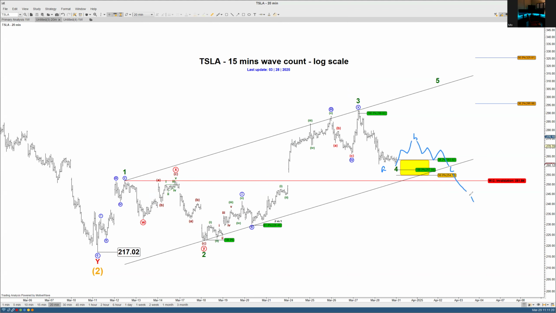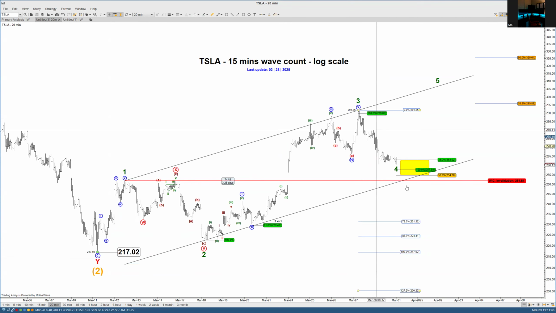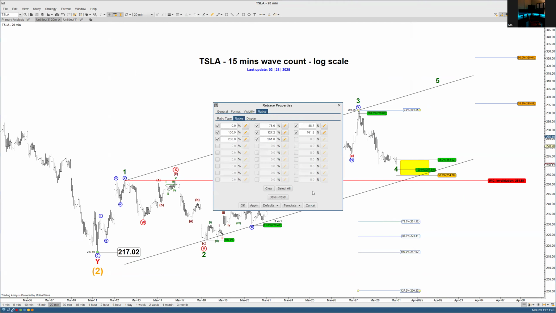That doesn't matter because you don't have invalidation here, because you're already counting 5 like this to put 1, and then you look for 3 to put 2. The second retracement, then you have to go all the way down off the lows to find those retracements, because you're using these lows right there. So you look for 38.2 to 50% retracement.